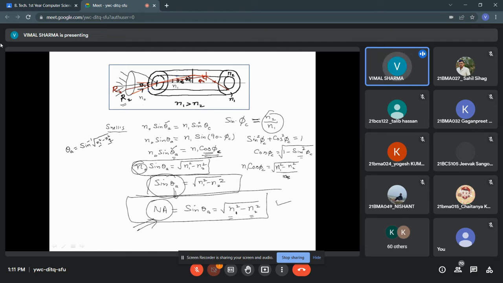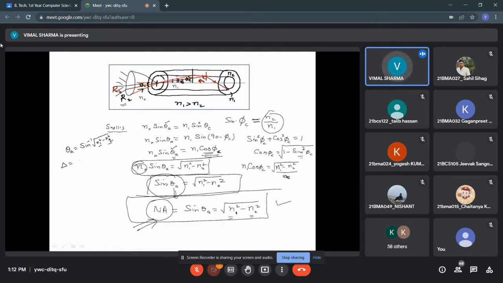We can discuss more about numerical aperture, or we can write numerical aperture in terms of measurable parameters, or you can say in terms of parameters which are given to us, or which we know. So let me first define a new parameter, delta, which is called the fractional refractive index change for a given optical fiber.